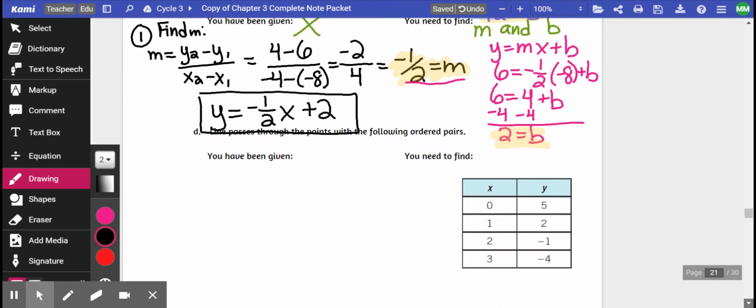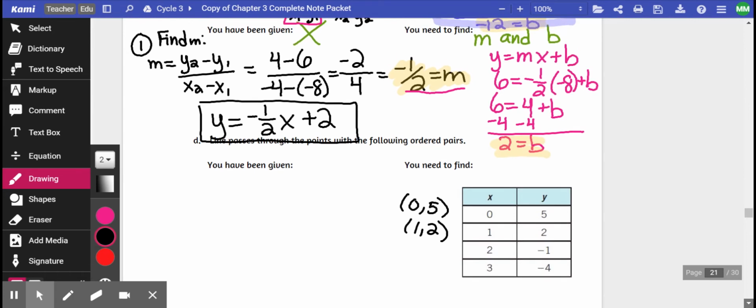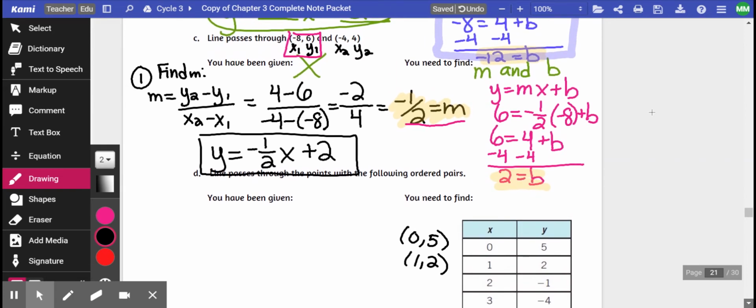Part D says that the line passes through the points with the following ordered pairs. If you wanted to for part D, you could use one of these points as 0, 5 and 1, 2, and you could go through the same steps that we used for part C, where you had to first find your M and then you found your B. Also, if you want to go back and label this one, step 1 was to find our M, which was right here.